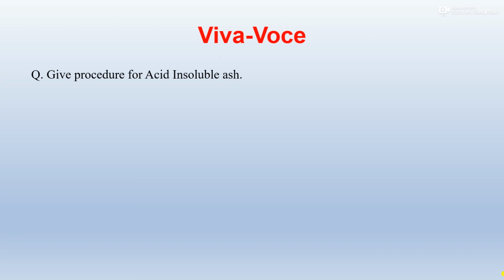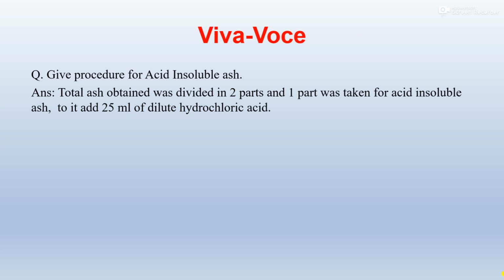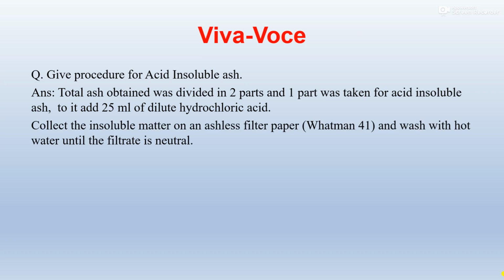Give the procedure for acid insoluble ash. Total ash obtained was divided in two parts and the first part was taken for acid insoluble. Then to that 25 ml of hydrochloric acid was added and it was boiled. Then collect the insoluble matter on ashless filter paper and wash with hot water until the filtrate is neutral.